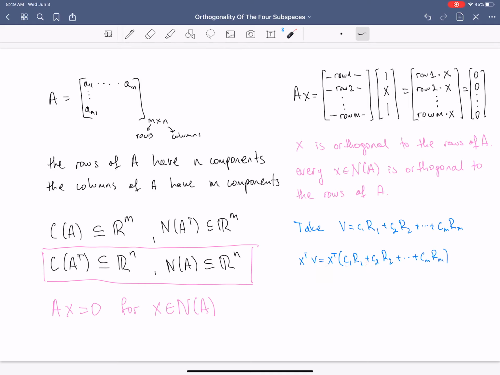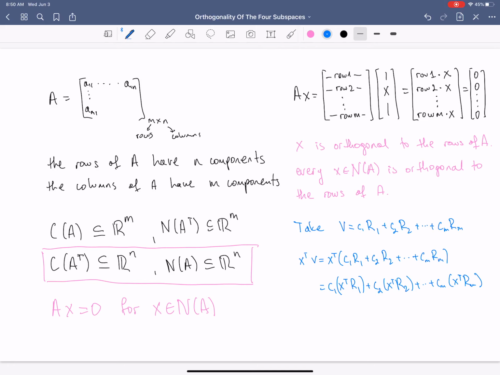With scalars, we get to move them around. And the same will be true for the second and the nth component. So really here what we have is C1 X transpose R1, and obviously we want to focus on X transpose R1, plus C2 X transpose R2 all the way to CM X transpose RM.